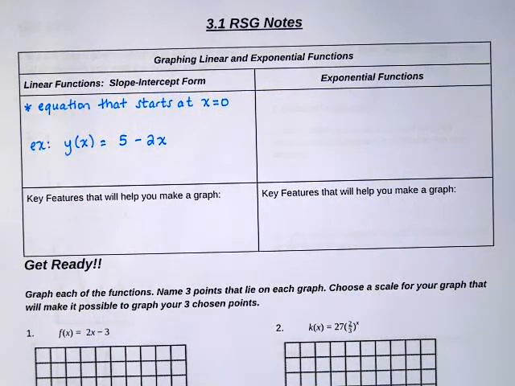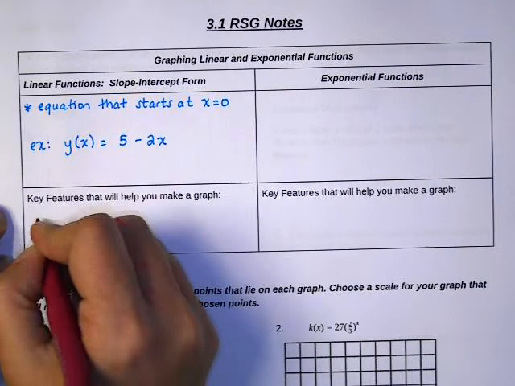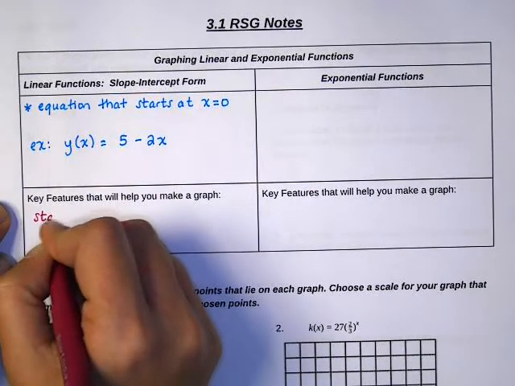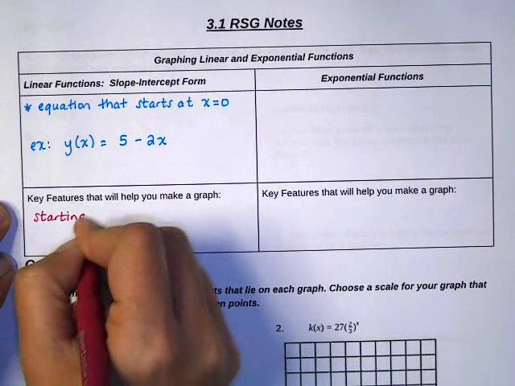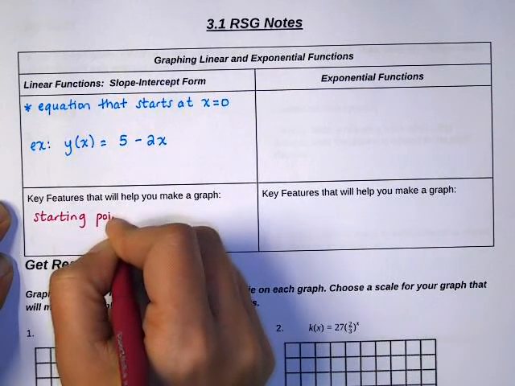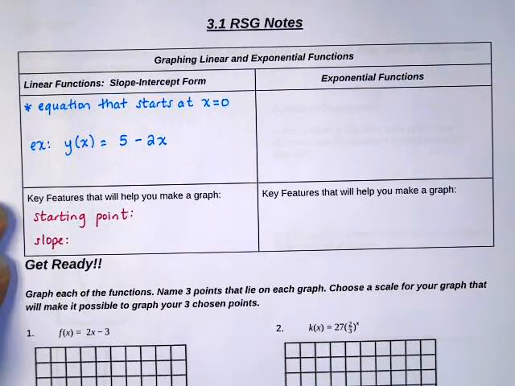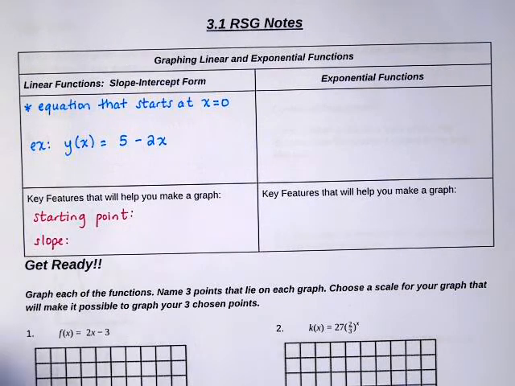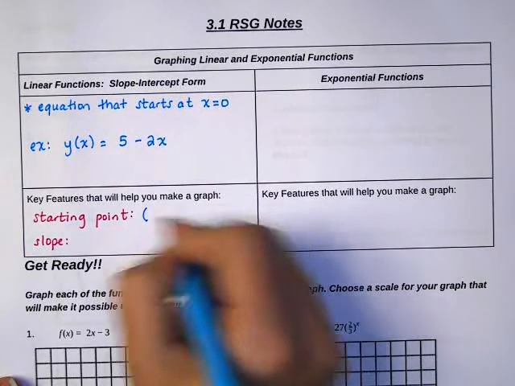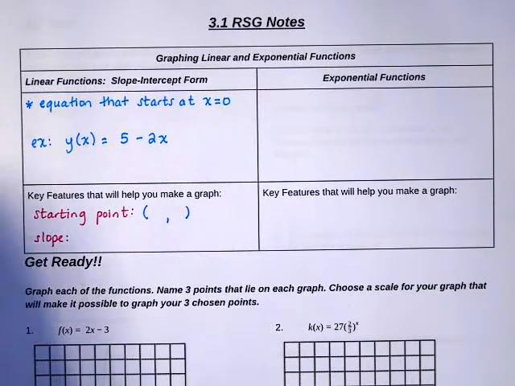From this equation, the key features that we have practiced finding are always going to be the starting point and the slope. In order to figure out the starting point, I'm going to look at my equation and try to find both an x and a y.